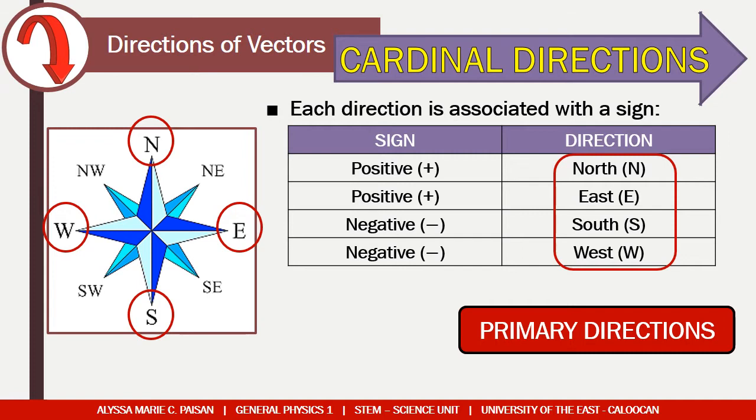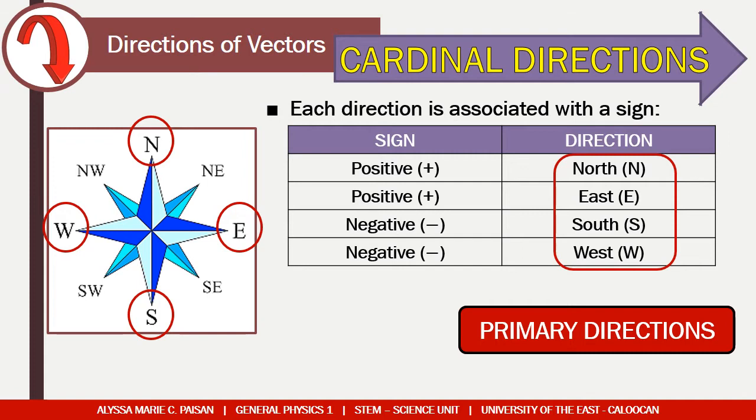So basically, in computations, that's when we transform the direction itself into the associated sign. Because if you don't input it in the given, also in the equation, the substitution in the equation, you will get the wrong answers. So that's for the primary directions.